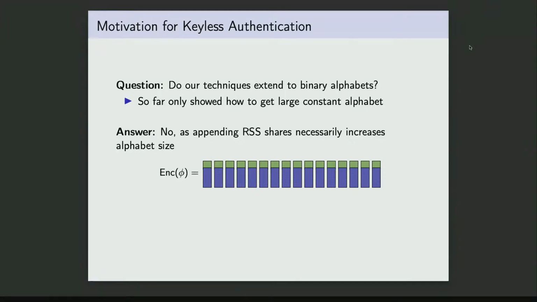The answer is no, because when we append these RSS shares, we necessarily increase the alphabet size. Even if the quantum list decodable code had a binary alphabet, so all these blue symbols were a single qubit, we still need to append something to transmit the secret key. So we need to increase the alphabet size by at least 1. There's no way with this approach to get truly binary alphabets.